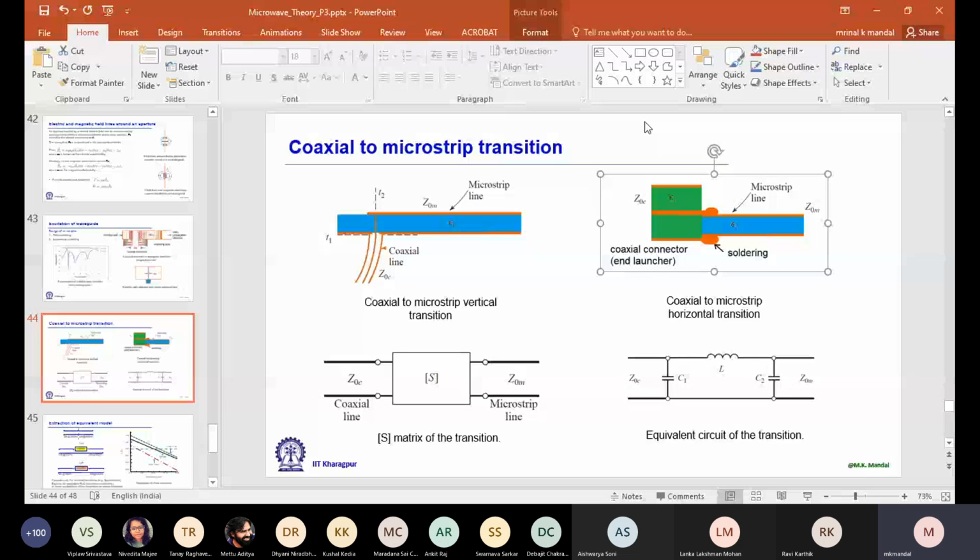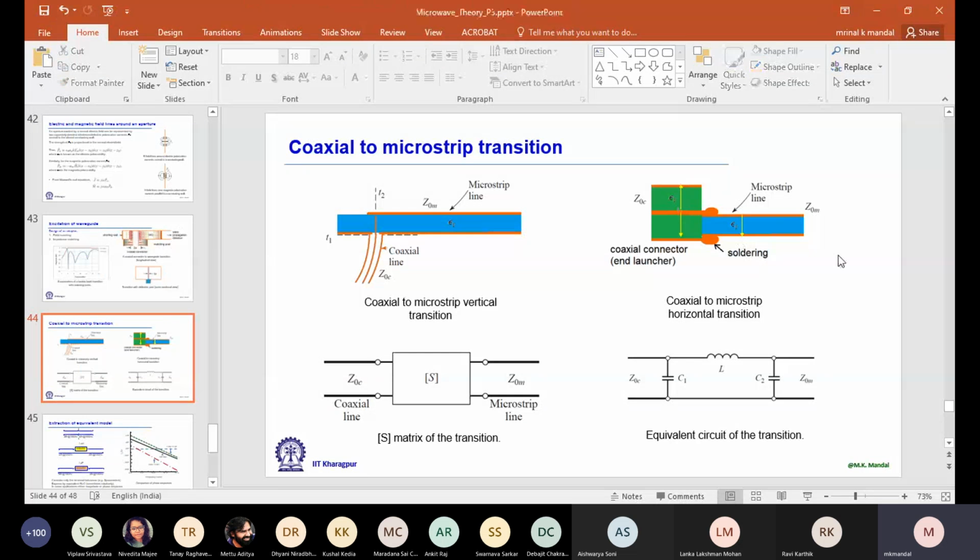Here also we have perpendicular field component, so it is automatically matched. And I am not using this upper half, otherwise for the upper half the direction is opposite. So if I use upper half, then they are actually cancelling out. So intentionally I am not using the upper half, only the lower half is connected to microstrip line. Okay, so field matching part is automatically done. Left side TEM, right side also TEM, and the electric fields are in the same direction.